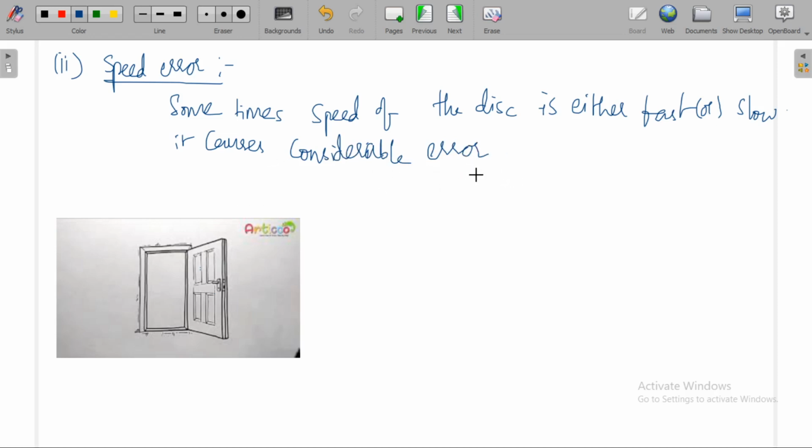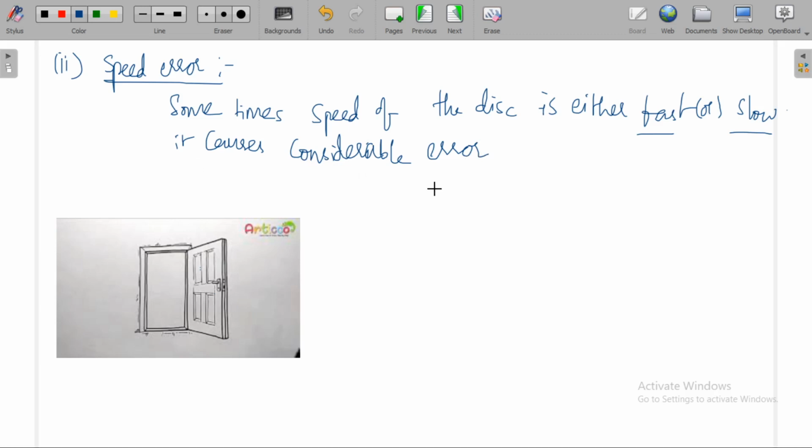As long as the load is constant, the speed of the disc should be constant, but sometimes the speed of the disc changes. Then it causes considerable error.